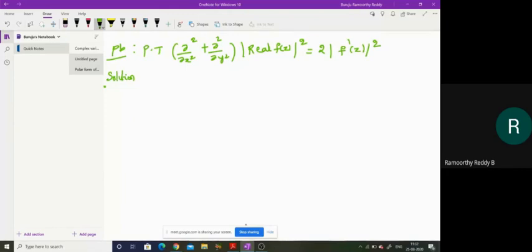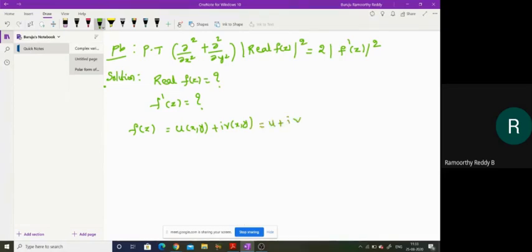See, the terms are: what is real f of z? So what is f dash of z? What is real f of z? Your f of z is u of x comma y plus i v of x comma y, that is nothing but u plus iv.